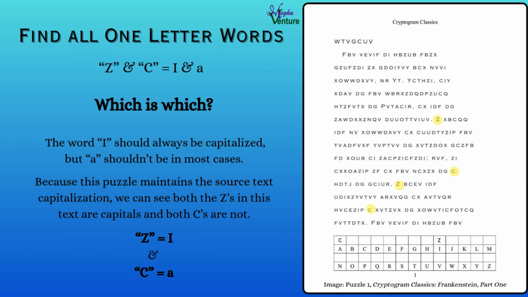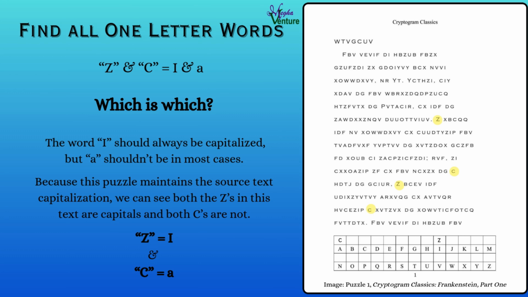Because this is a Cryptogram Classics puzzle, we can just check the capitalization of Z and C. In English, I should always be capitalized, but A shouldn't be in most cases. In the puzzle, both Z's are capitalized but neither C is. So Z is our encoded I, and C equals A.